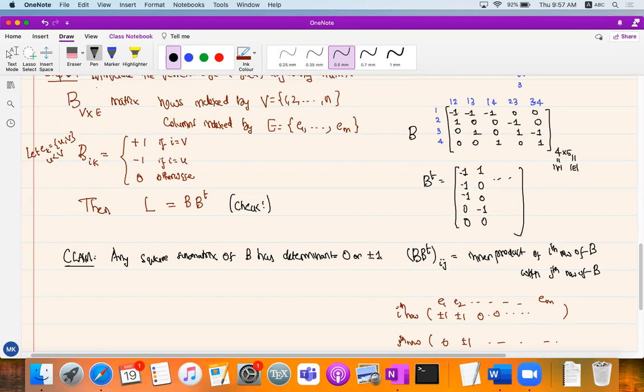All the determinants are actually 0 or ±1. In fact, it may be 0 or 1. Is it true? If I take it in that order, I think it will be 0 or 1.